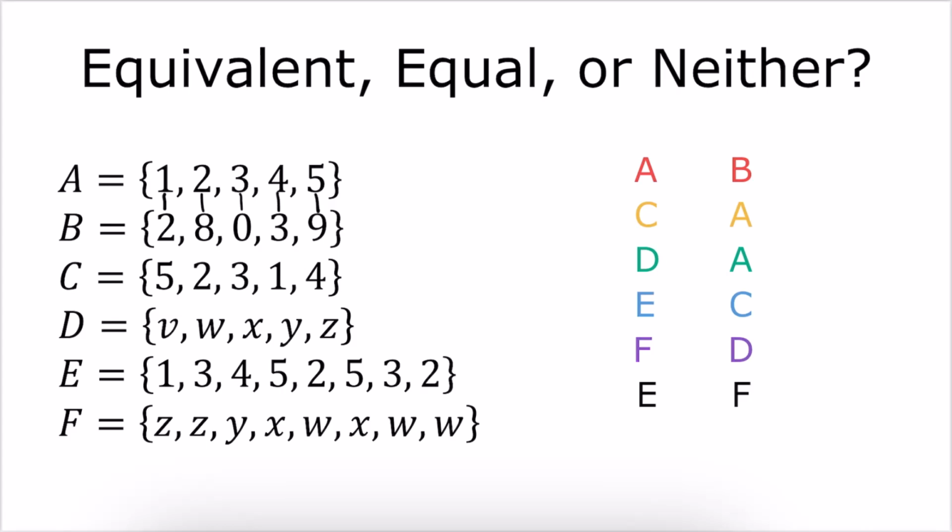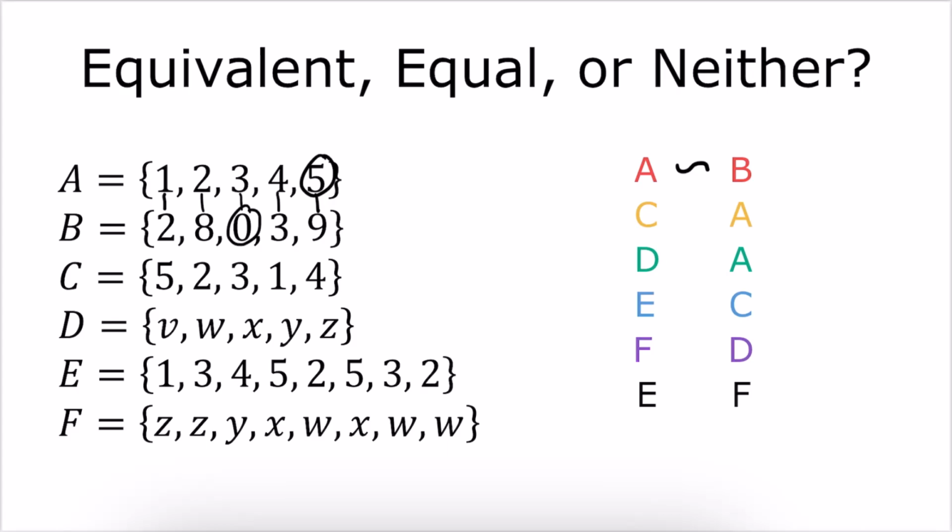And because each element in A gets matched up with exactly one element in B and vice versa, this shows us that they are equivalent, but they are not equal to each other because they don't share the exact same elements. Like B has a 0, but A does not, or A has a 5 and B does not. So they're equivalent to each other, but not equal.